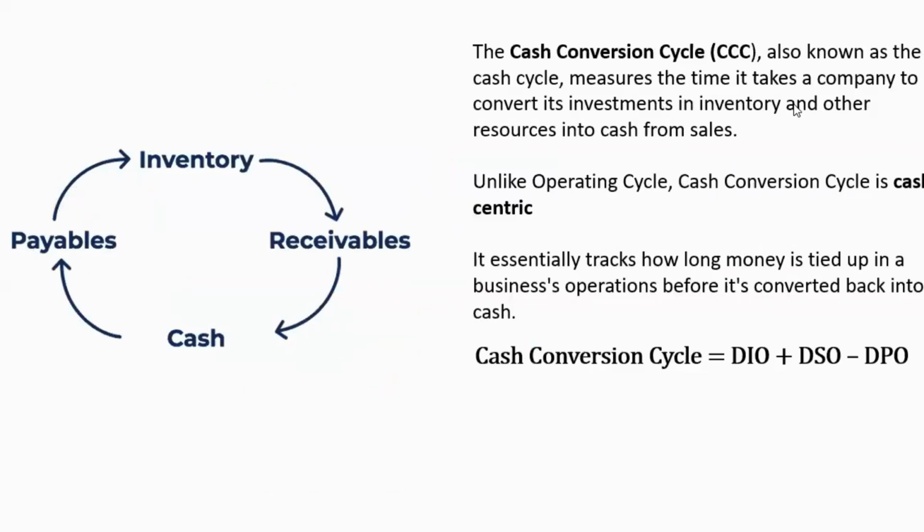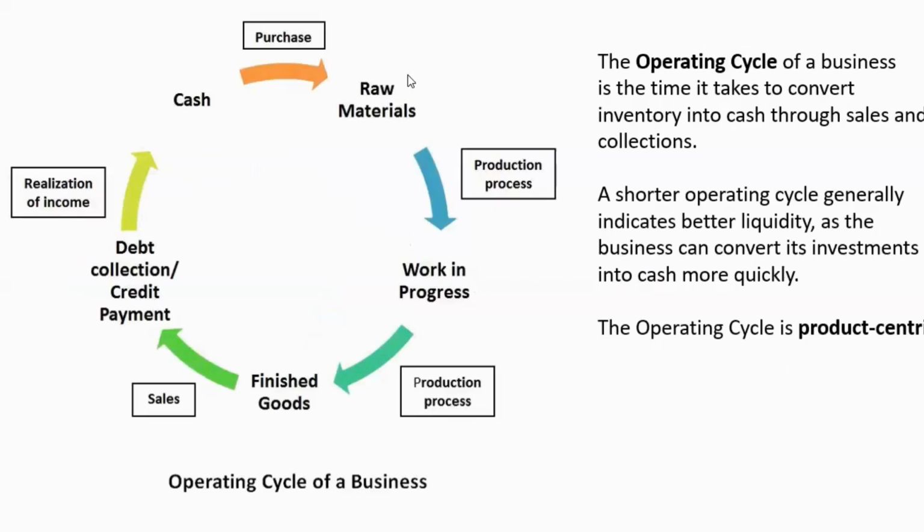We have a formula for the cash conversion cycle: days inventory outstanding plus days sales outstanding, deducting days payable outstanding. And one point which I missed was, if we see FMCG companies, they will have very short operating cycles.